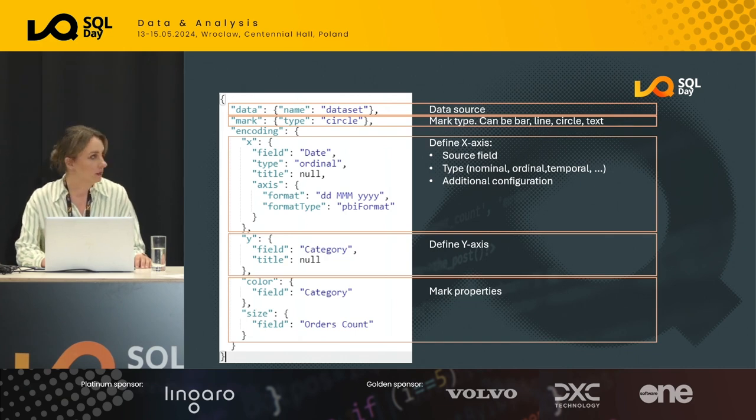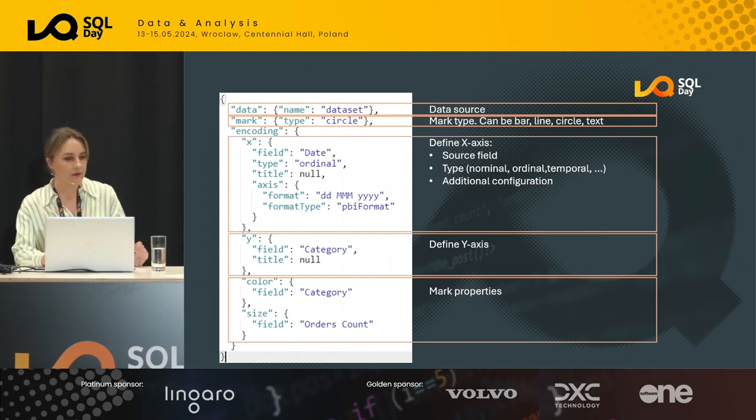The next one is title disabling. You might already notice that it looks very similar to the visualization configuration part in Power BI. So you just go and click something there, and here you do the same, but with code. So your title is just disabled.